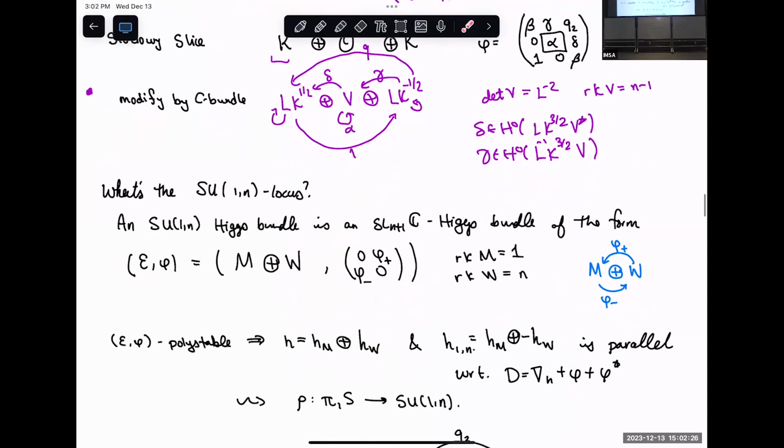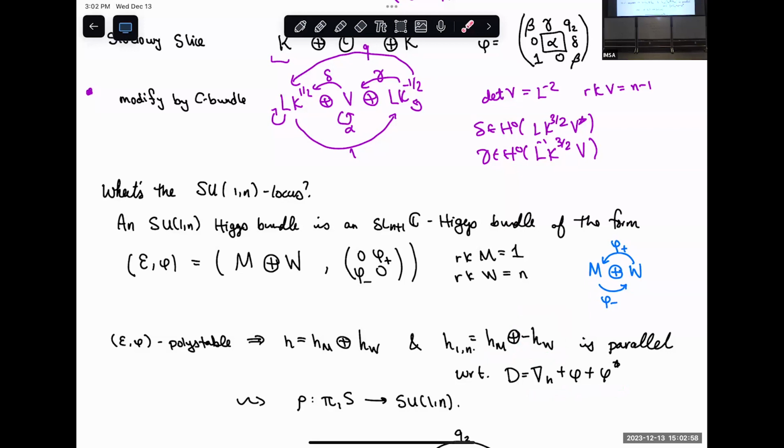And the key point is that if (E, phi) is polystable, then the Hermitian metric solving the equations for an SU(1,n) Higgs bundle splits as a direct sum of a metric on this line bundle plus a metric on this rank n bundle. And with respect to that splitting, if I take the signature (1,n) Hermitian metric, which is h_M plus just negate the second one, this is in fact parallel with respect to the associated flat connection.